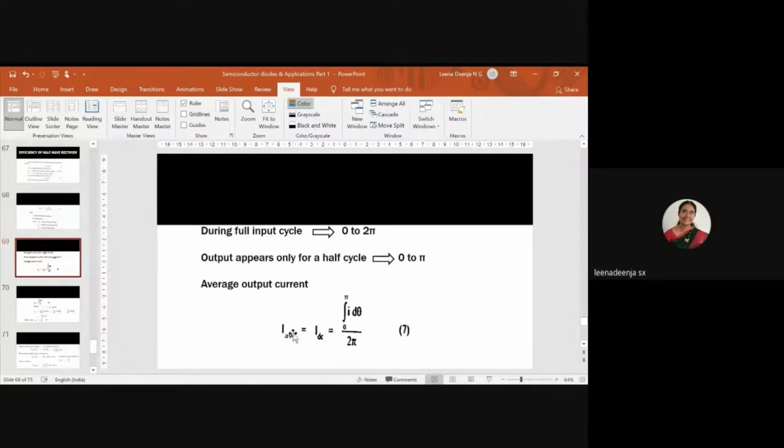IDC എന്ന് എഴുതാം. സോ I average is equal to IDC. ഇനി ആവറേജ് കാണാനായിട്ട് നമുക്കറിയാം ഇവിടെ 0 to 2π ഇത് കണ്ടിന്യൂസ് ആണ്. അതിൽ 0 to π മാത്രമേ ഇവിടെ കണ്ടക്ട് ചെയ്യുന്നുള്ളൂ. അപ്പൊ നമുക്ക് എന്തെടുക്കാം? ഇന്റഗ്രൽ 0 to π ID theta divided by total period 2π. That is the average value. So IDC in our expression is integral 0 to π ID theta divided by 2π.